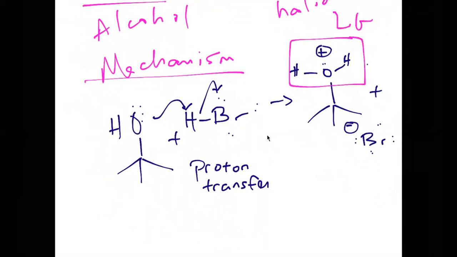It wasn't a leaving group before, now it is. Remember we said all these reactions had the same goal in the first part, which is to make OH a better leaving group. So now it's a much better leaving group, right? If H2O is the leaving group, what does the conjugate acid look like?